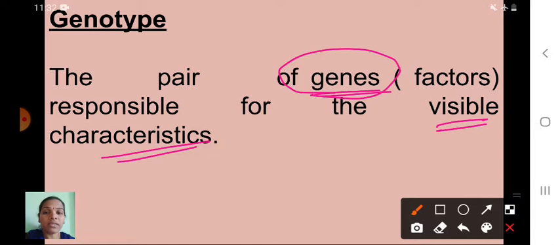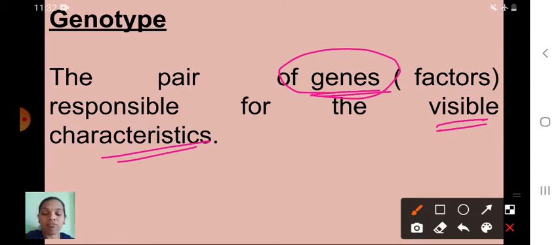For example, one plant is tall and one is short, that means dwarf. That is how it happens with the help of the genes. That pair of genes is called the genotype, the pair of genes responsible for the visible characteristics.